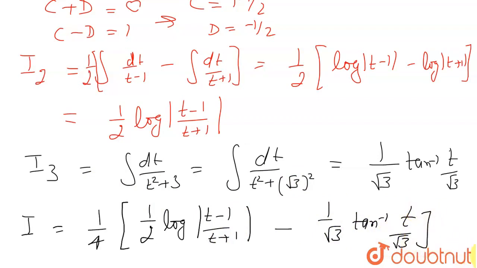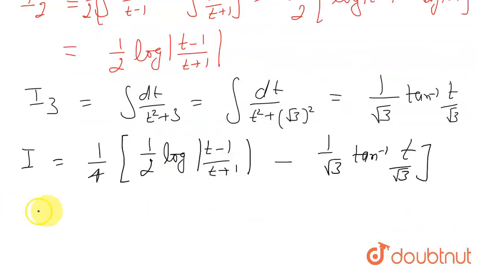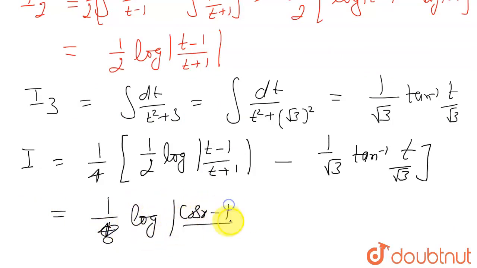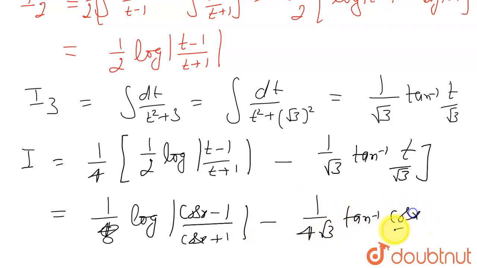Now substituting the value of t, we will get it as 1 by 8 log of (cos x minus 1) upon (cos x plus 1) minus 1 by 4 root 3 tan inverse cos x upon root 3. So this will be our answer.